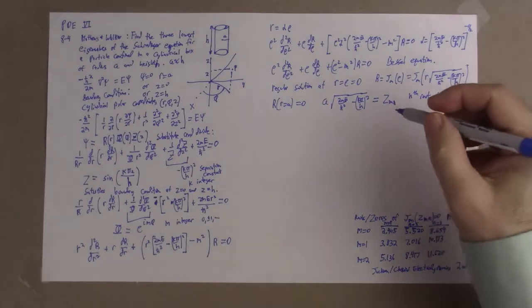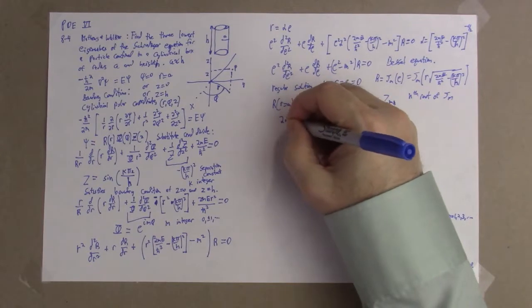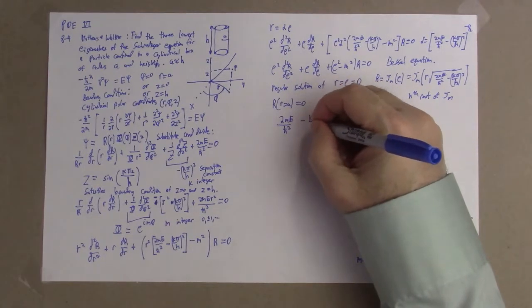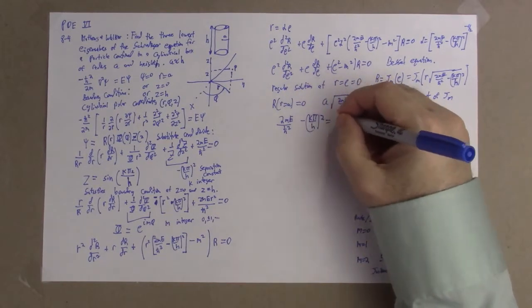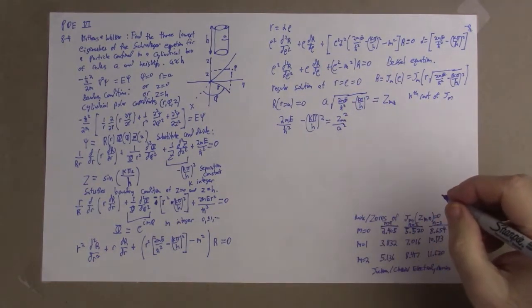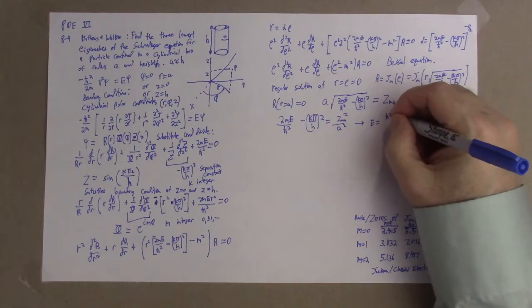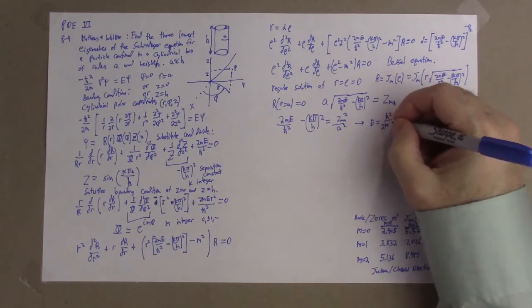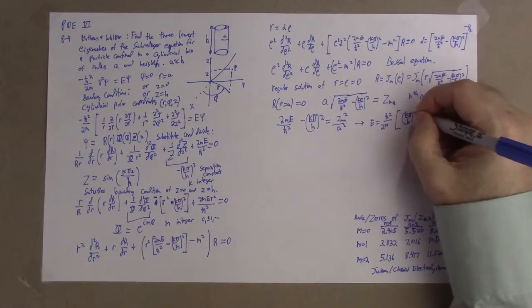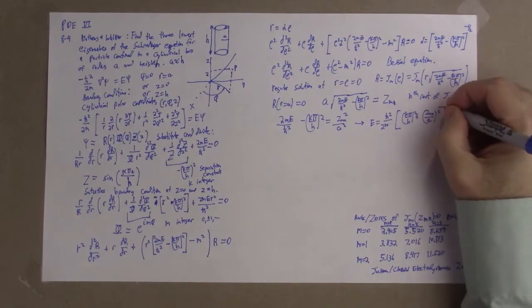So using this, now squaring this equation, we get 2me over h bar squared minus kπ over h squared equals z_mn squared over a squared. And this just implies that E is equal to h bar squared over 2m times kπ over h squared plus z_mn over a squared.